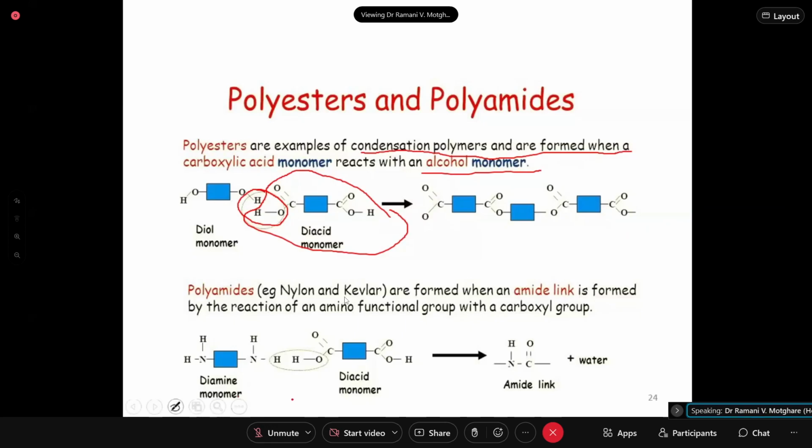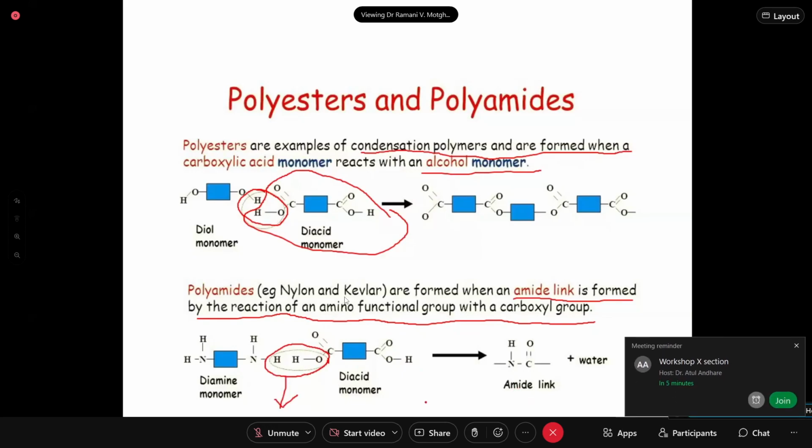Then polyamides like nylon and Kevlar are formed when the amide link is formed by the reaction of amino functional group with the carboxylic group. So you have COOH group and NH2 on this side. So a water molecule will be lost from here and you get formation of an amide linkage.